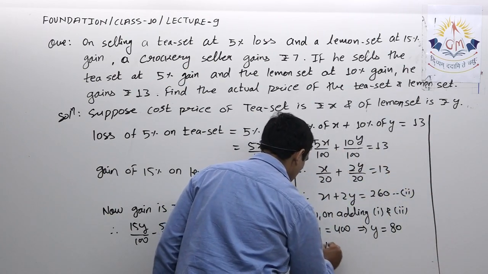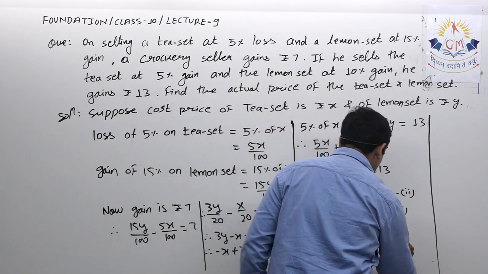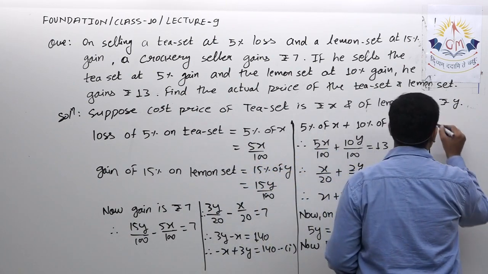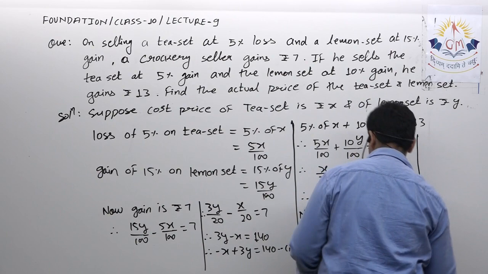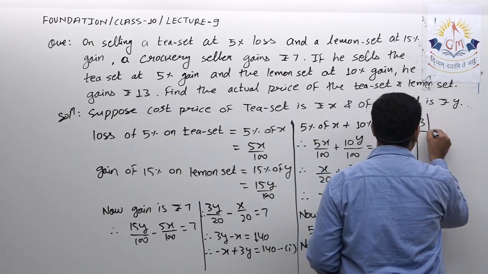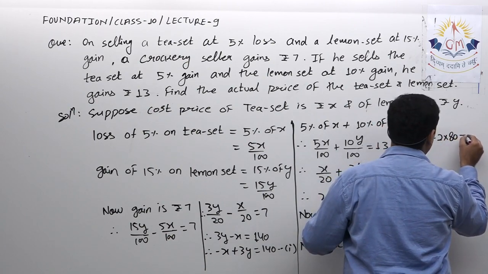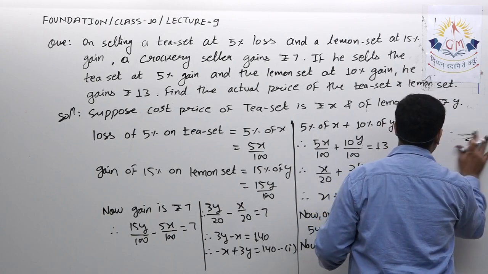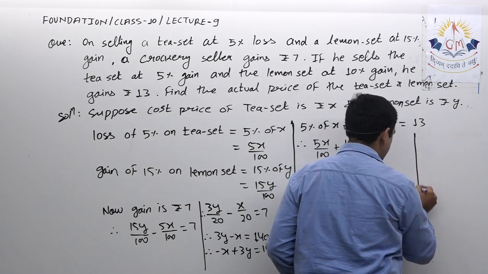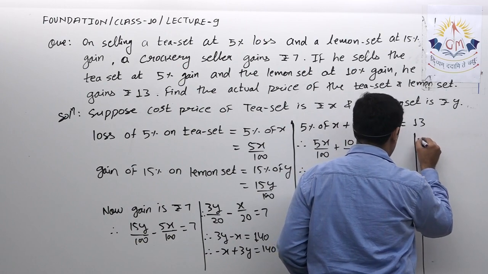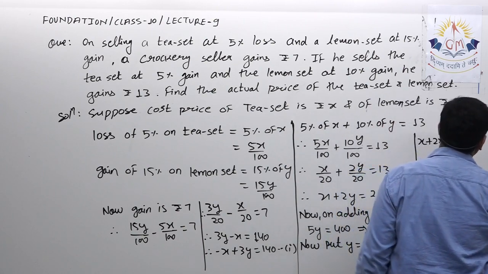Now put y equal to 80 in equation number 2. x plus 2 multiplied by 80 is equal to 260.